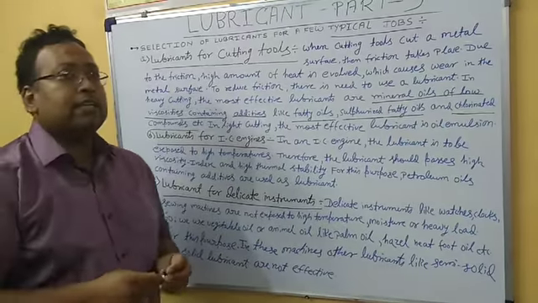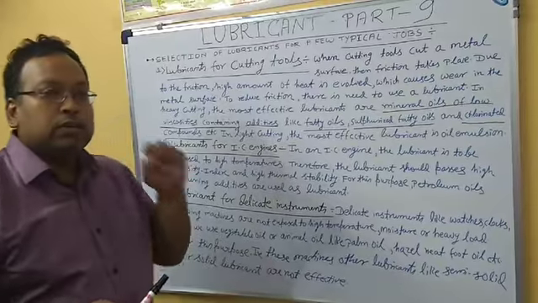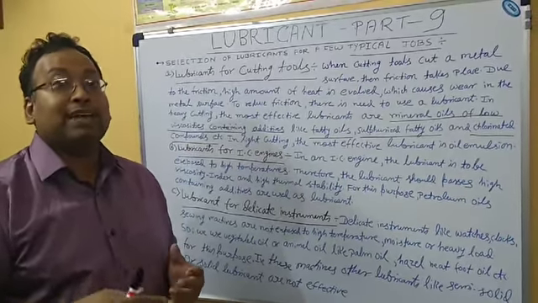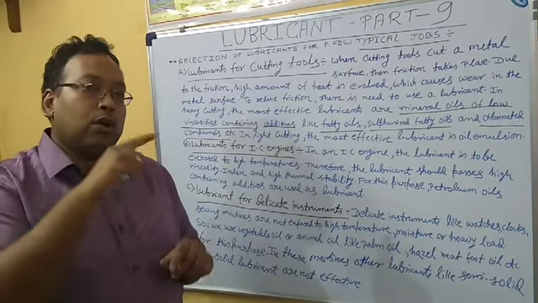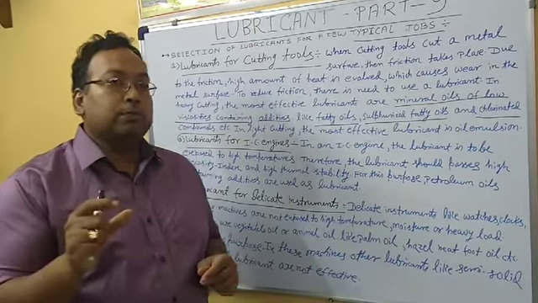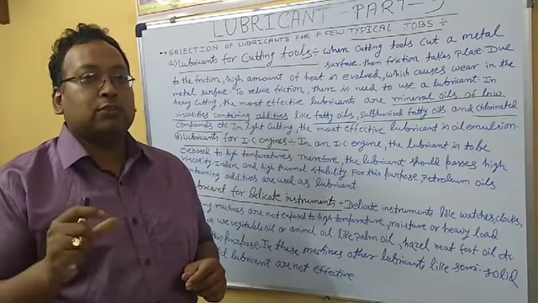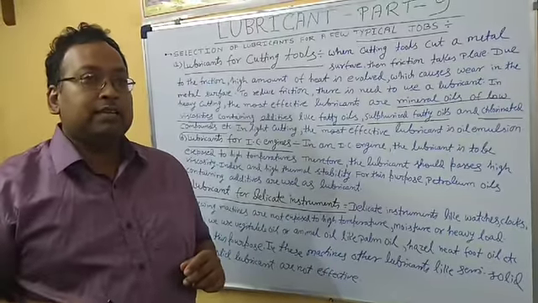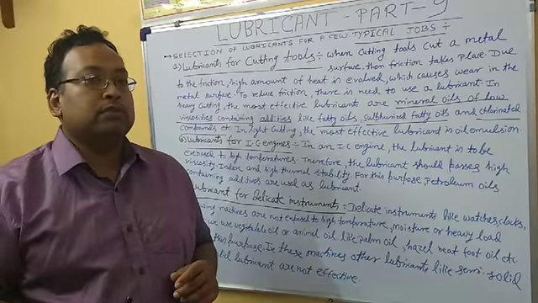So I want to define one thing here, that is fatty. Fatty means what? The word fatty comes from the fatty acids used in organic chemistry. When a long carbon chain is present and a functional group containing COOH, meaning the carboxylic group, is attached with one end of that long carbon chain, that is called a fatty acid or fatty compound.